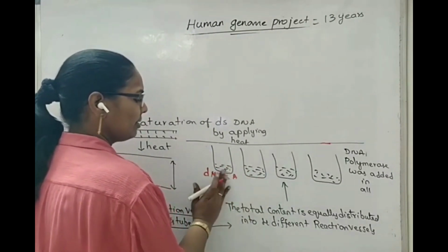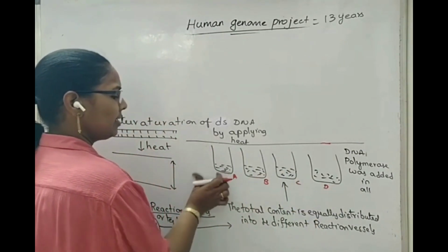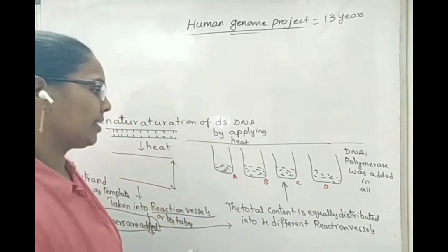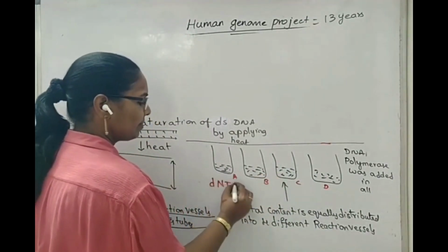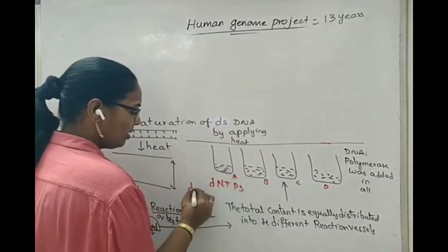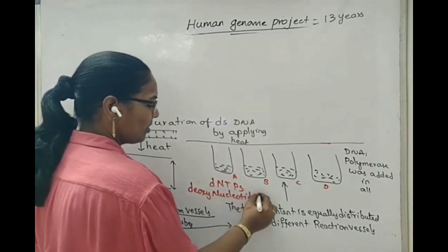This is A, B, C and D. What are dNTPs? dNTPs are deoxynucleotide triphosphates. Suppose think that these are all having dNTPs taken in 4 different test tubes.